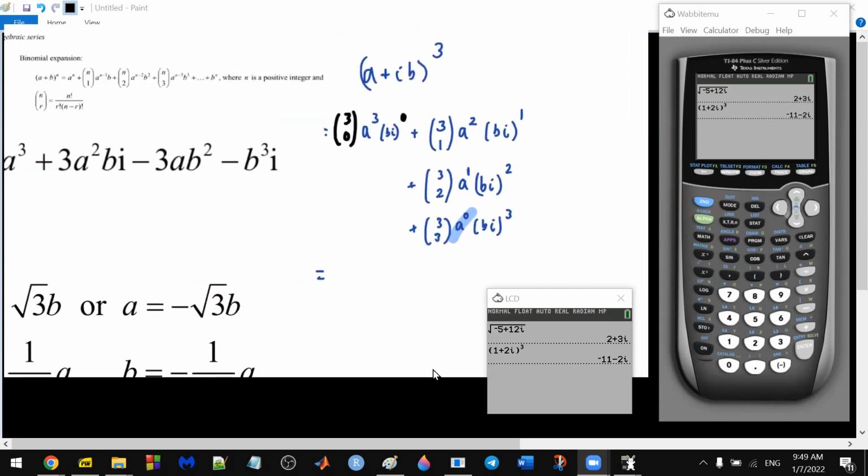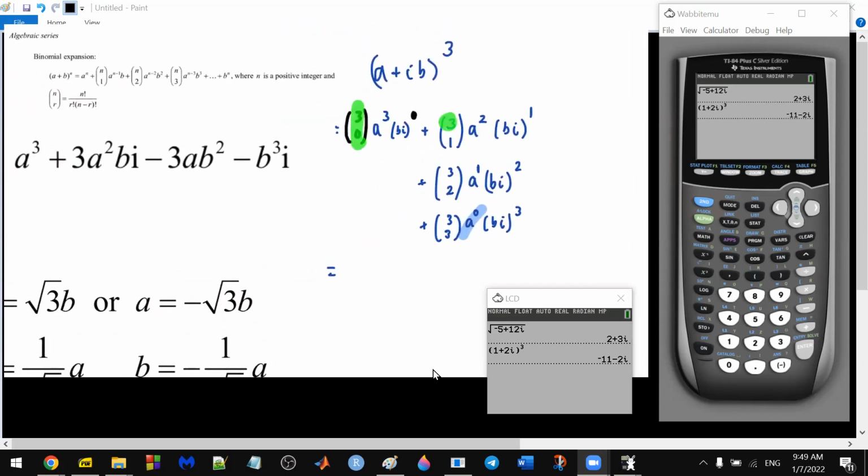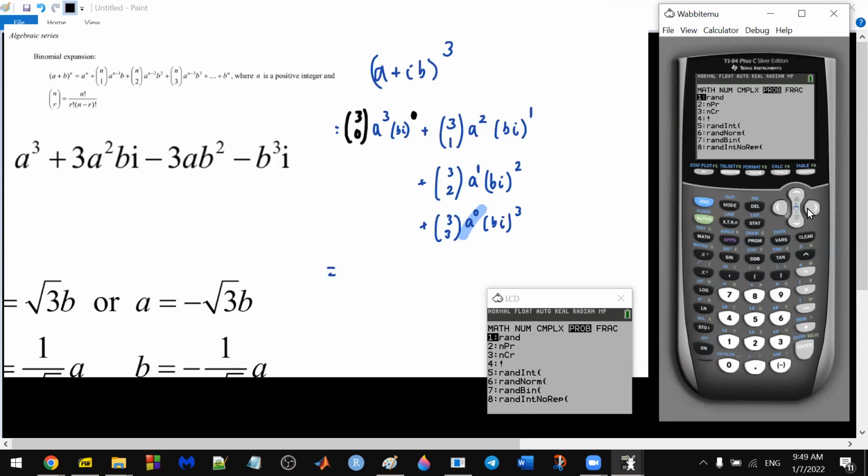So over here, what we have are these values. You want to calculate 3 choose 0, 3 choose 1, 3 choose 2, 3 choose 3. Let's see how we can do that. You press math, then go to probability, and nPr, nCr, which one? It must be nCr, number 3.